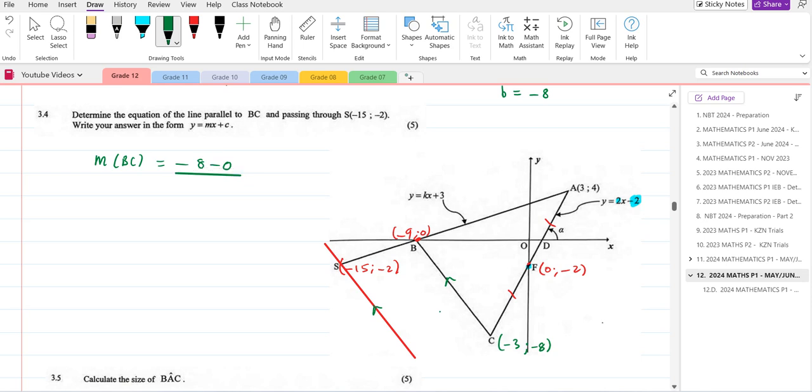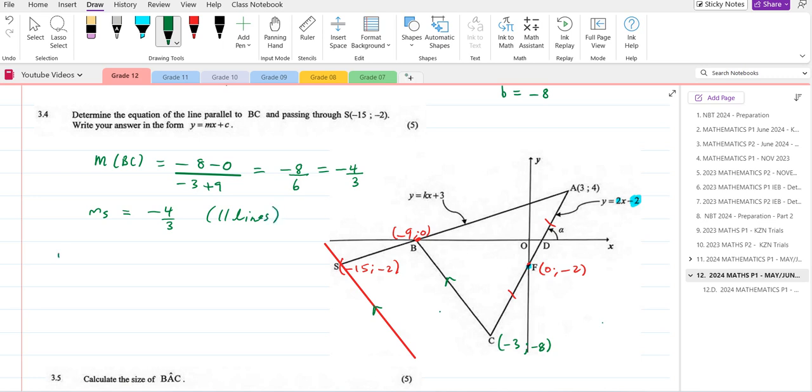X2 is minus 3 minus minus 9, so plus 9. So what I've got is negative 8 over 6, which is minus 4 over 3. So the gradient at S is also equal to minus 4 over 3 because we have parallel lines.